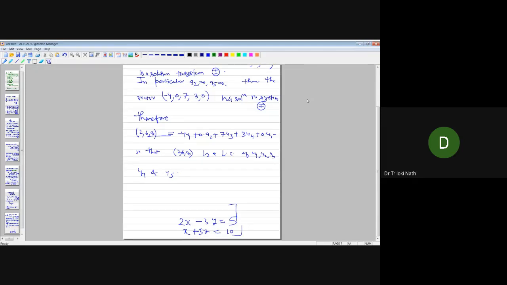Okay, so what you did, you just eliminated one of the variables, either x or y, and then after finding the value of y, just substituting the value of y in any equation, you will find the value of x, right? But you have learned about the system of linear equations in n variables and n equations. Here there are 2 equations and 2 variables, right? So further in detail, we will study the system of linear equations in the next lecture. Okay.